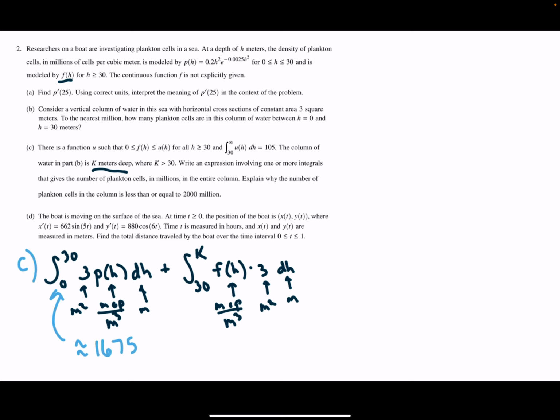1,675 million. Then they give you this stuff about F of H being less than U of H for H greater than 30.